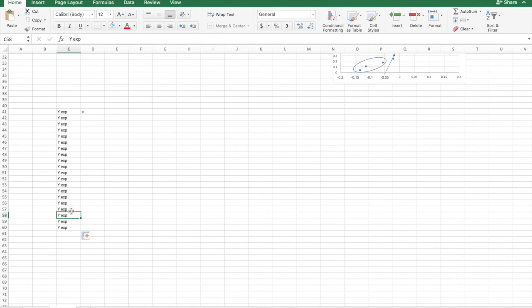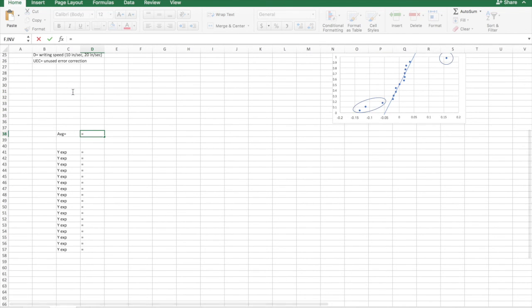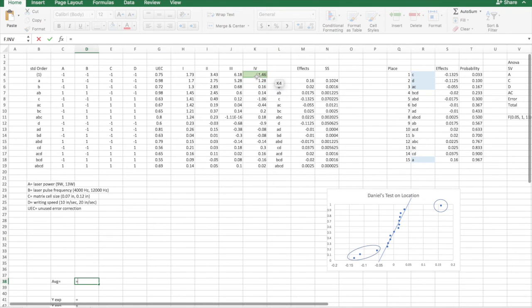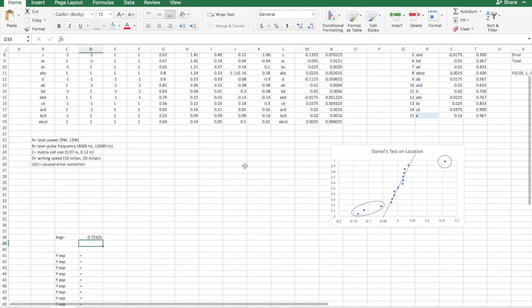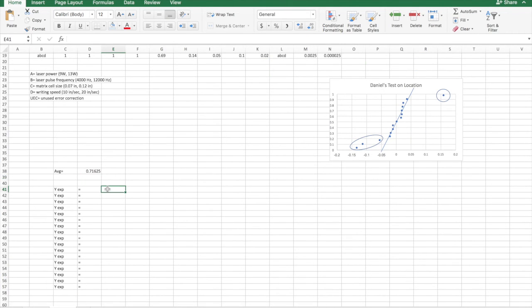That's too much. So these are 16, yes indeed. And we have to calculate the average of the data. The average of the data is equal to the grand total divided by 16. And so in here it's going to be that number, and we just drag it.